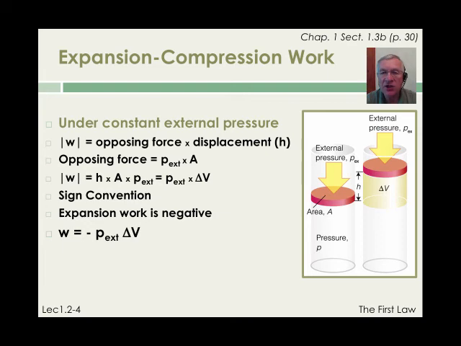Note that the equation is the same whether we are considering a compression, volume decreasing, or delta V negative, hence positive work, or expansion, volume increasing, delta V positive, hence negative work.